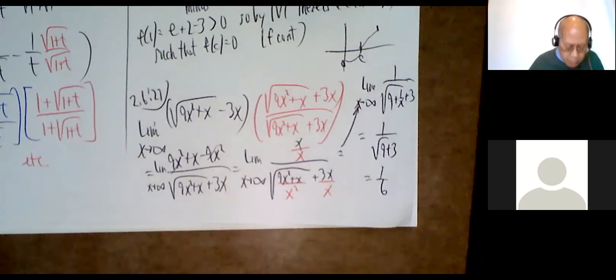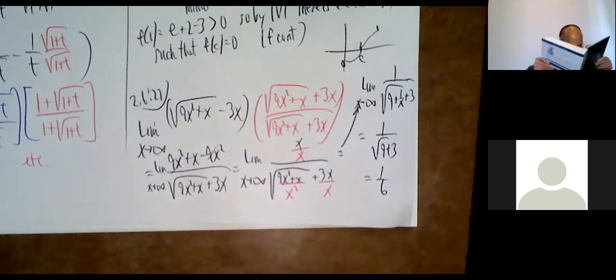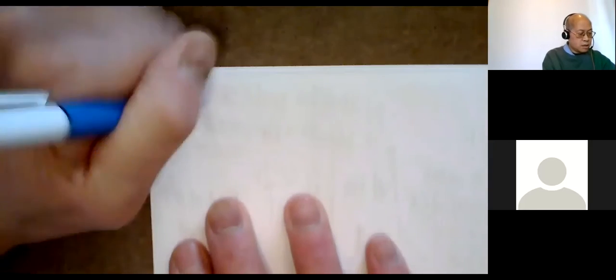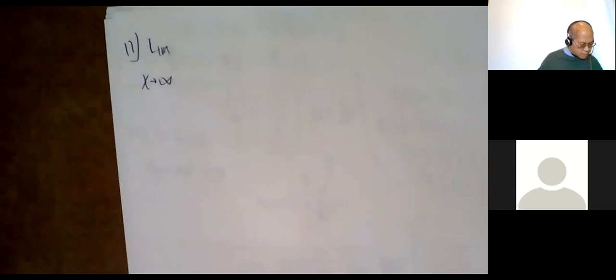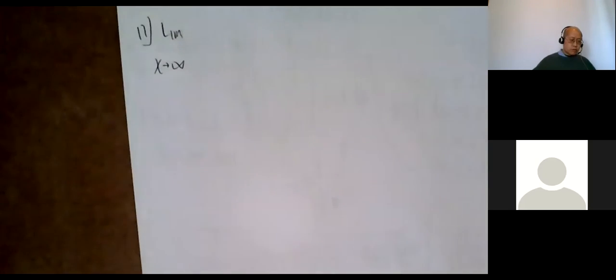29 is similar, so I'm not sure I want to do that one. 17: x minus 2 over x squared plus 1.